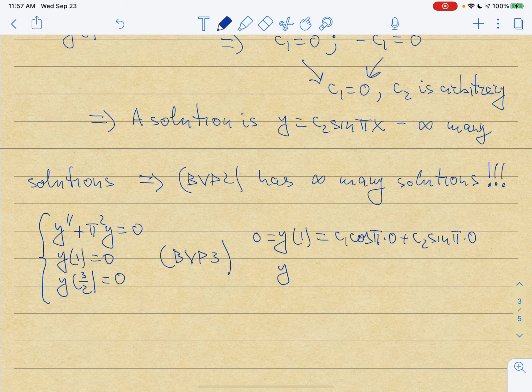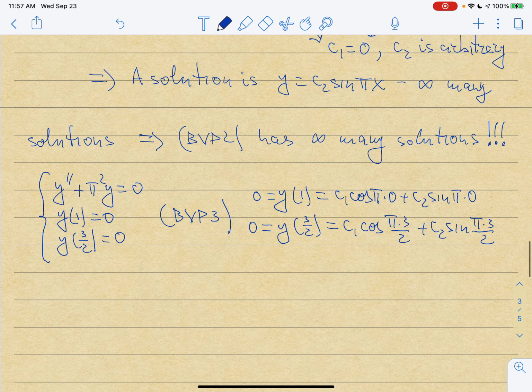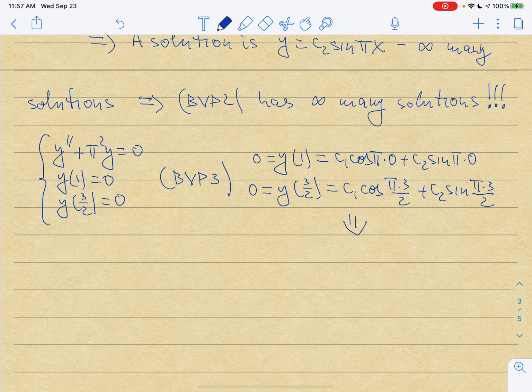And then y of 3/2 also is supposed to be 0, but on the other hand it is c1 cosine pi times 3/2 plus c2 sine pi times 3/2. What does this mean? Again, cosine of 0 is 1, sine of 0 is 0, so c1 is supposed to be 0.